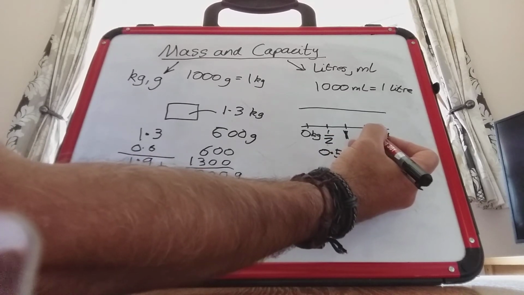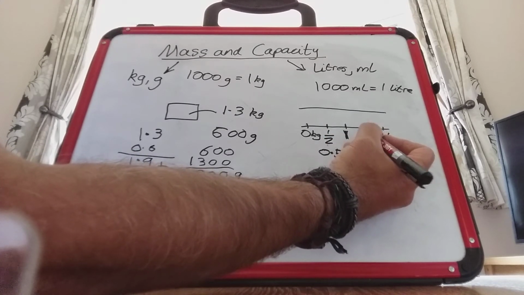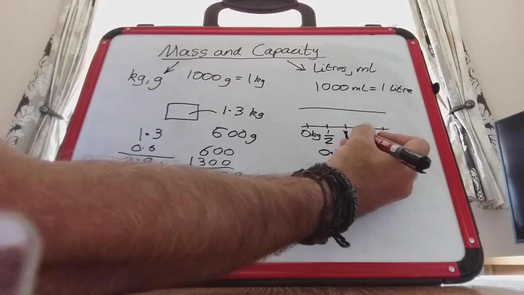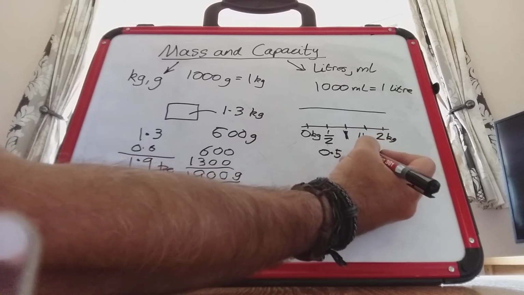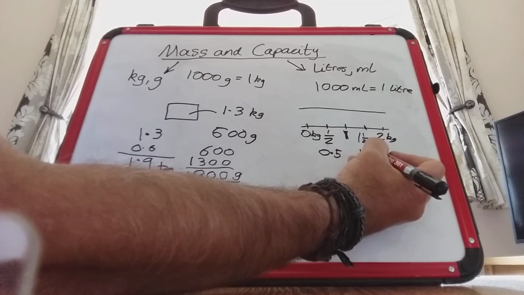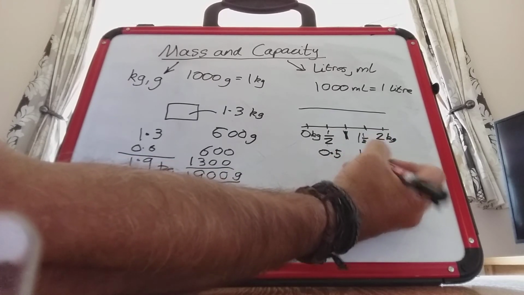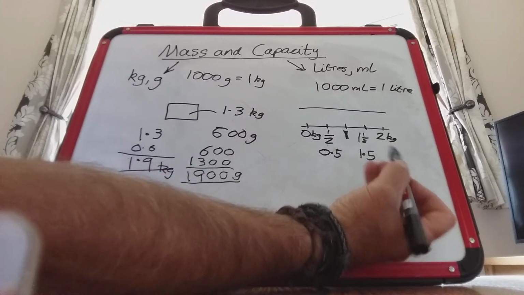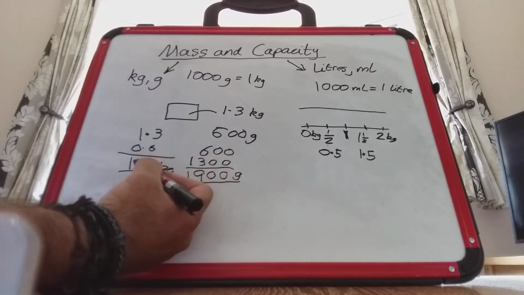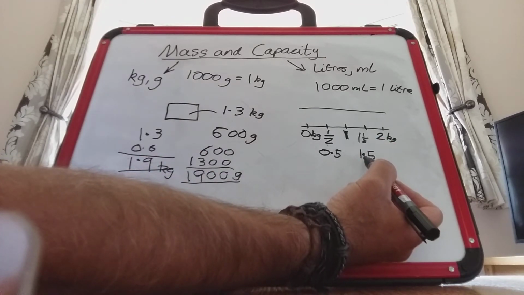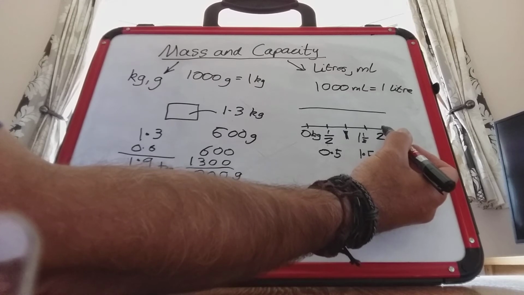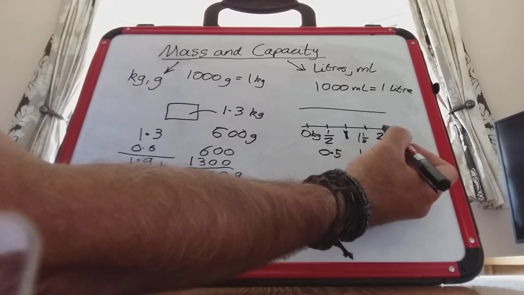And halfway between 1 and 2 is of course 1 and a half, or in decimals 1.5. Now 1.9 is more than 1.5, but it's less than 2 kilograms. So 1.9 is going to be about here.